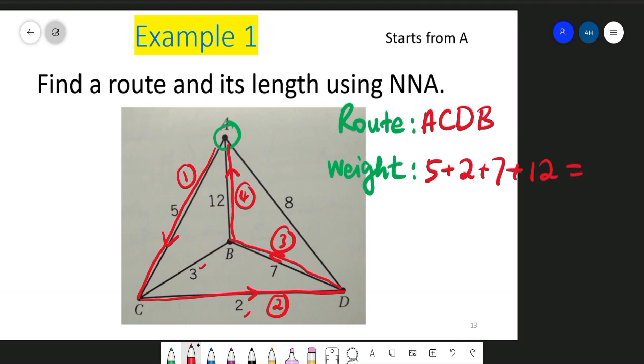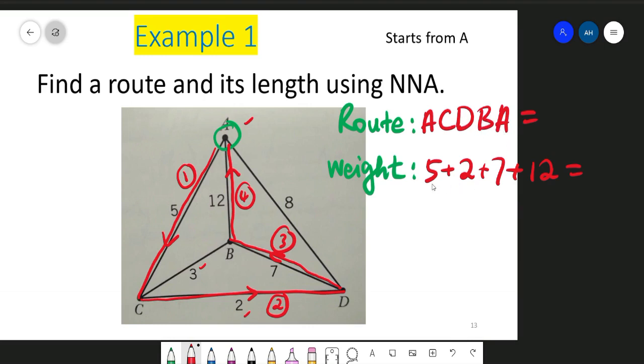We started from A, we visited each vertex once, and then we returned to A again. That's the route: A to C to D to B, and then back to A.